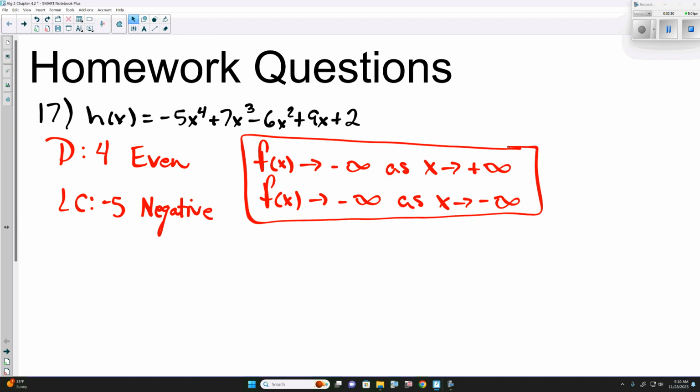That's it. Questions on this here? Because that is similar to what the chart says, but instead of having it written in a more stacked form, because the chart has the f of x arrow negative infinity on top and then the as x arrow positive infinity on bottom, we can just write it as a single line.